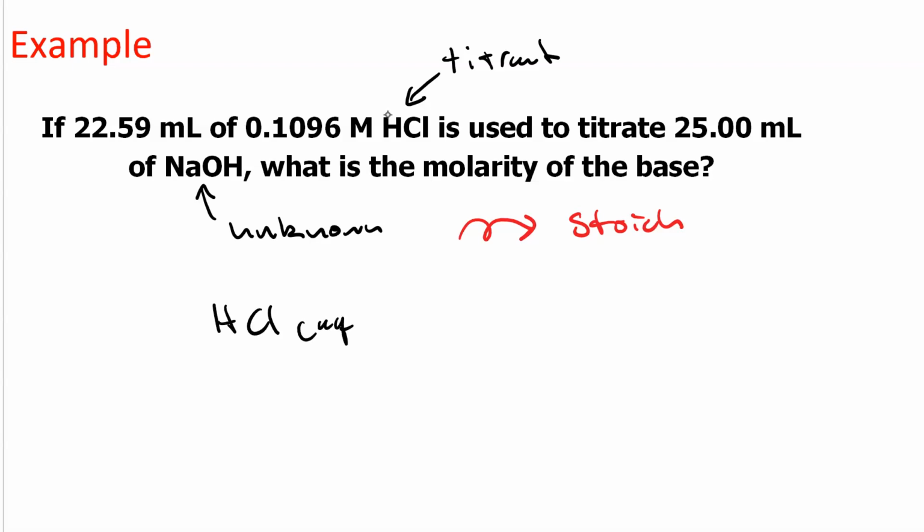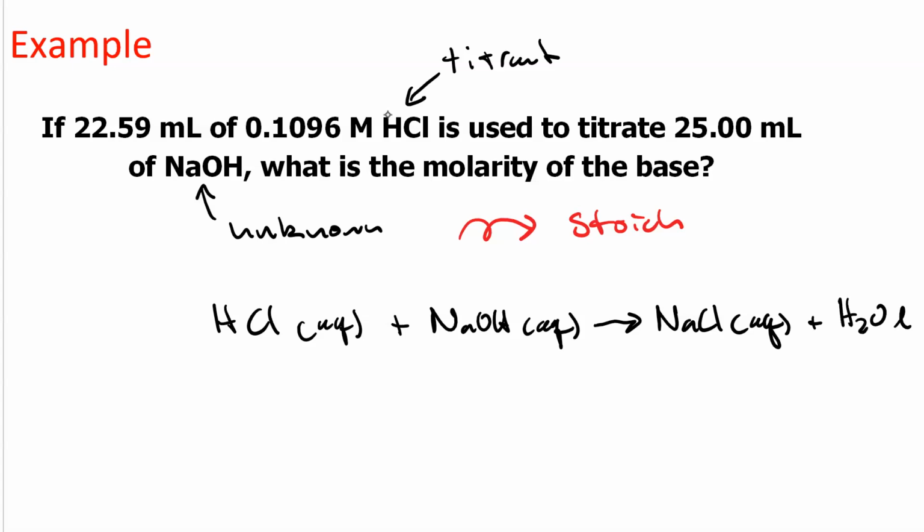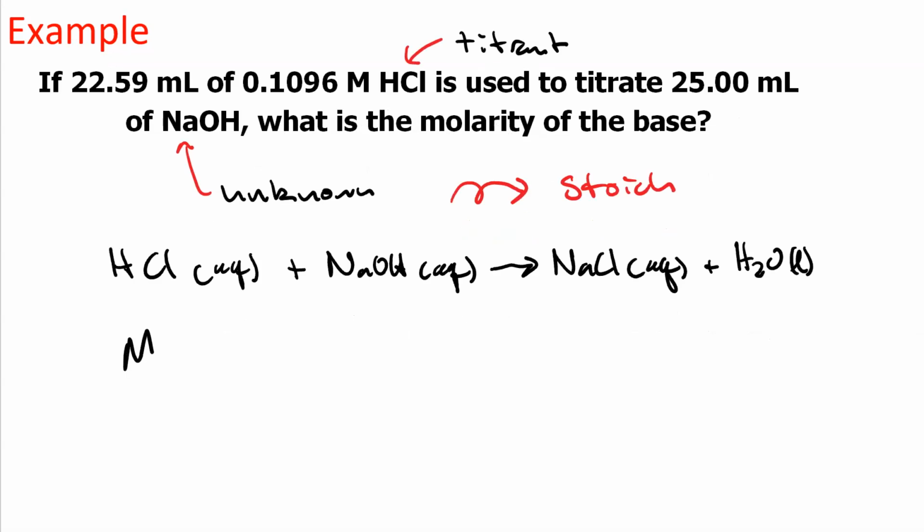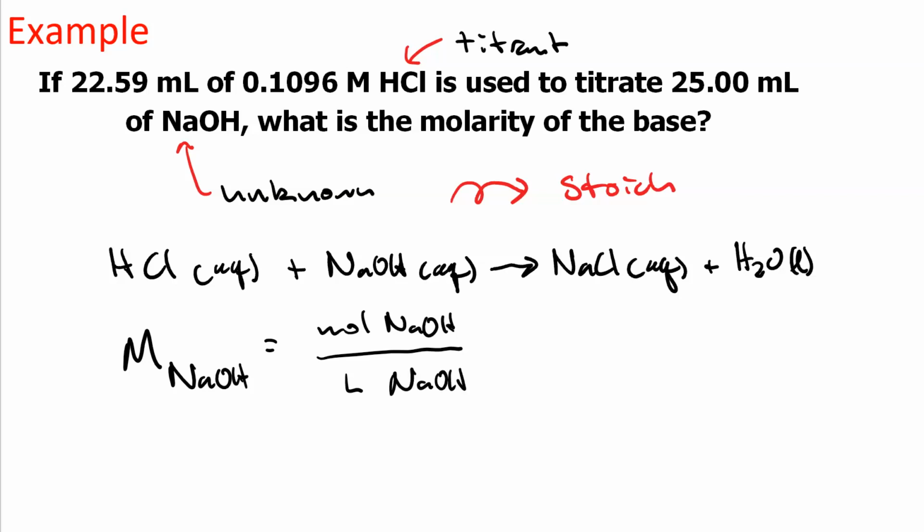HCl solution plus NaOH solution produces NaCl aqueous plus H2O liquid. We're trying to find the molarity of the NaOH. That'll equal the moles of the NaOH over the liters of NaOH.